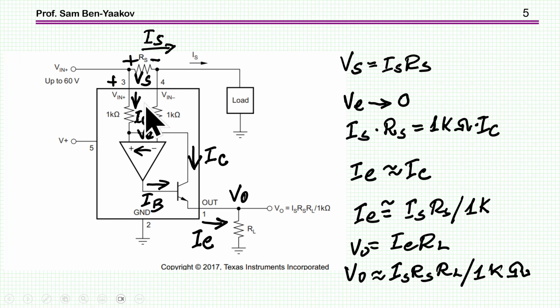Here it is. And consequently, we have now a relationship between the voltage across the R sub S, the sense resistor, which is a function of the sense current, and the collector current. And therefore we find that the output will be equal to the sensed current times R sub S, R sub L, and divided by this 1K. This is from this relationship.